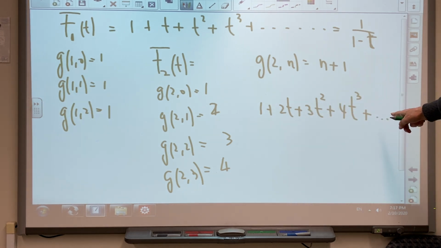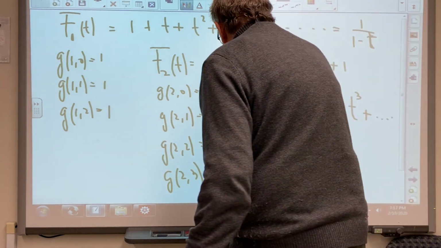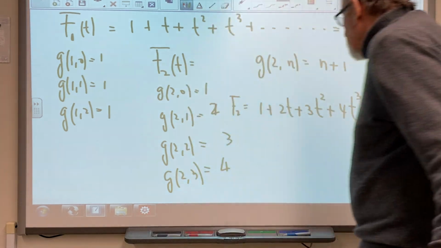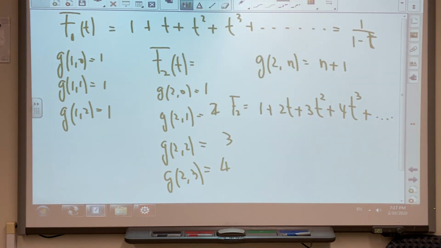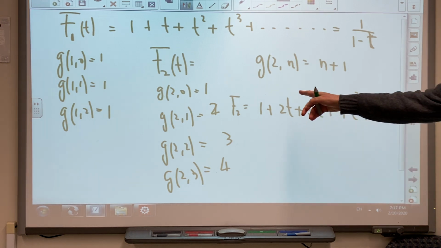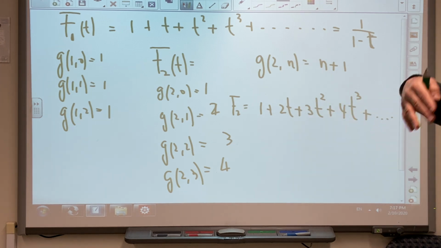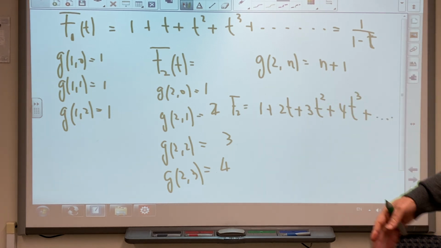So this is my function f sub 2. So you can say, who knows how to sum this series? Well, we did something similar a few times in the course in probability. We'll have to learn how to sum this series eventually when we discuss Planck systems and so on.